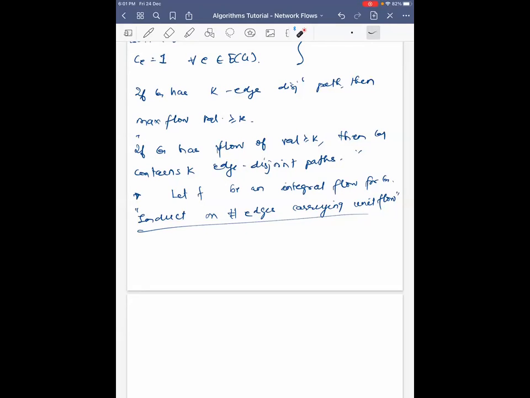If F is integral, it assigns an integer valued flow to every edge, and since the flow value cannot exceed the capacity, each edge either carries 0 flow or a unit flow. If we restrict ourselves to the subset of edges which carry unit flow, within this subset we'll find our k edge disjoint paths. And to recover those paths, we are essentially using induction.